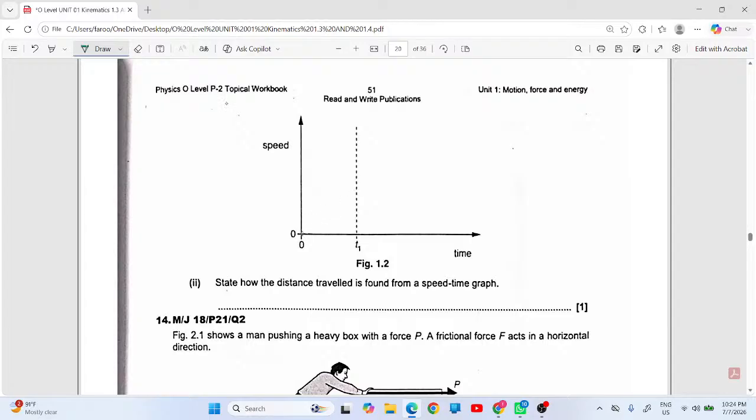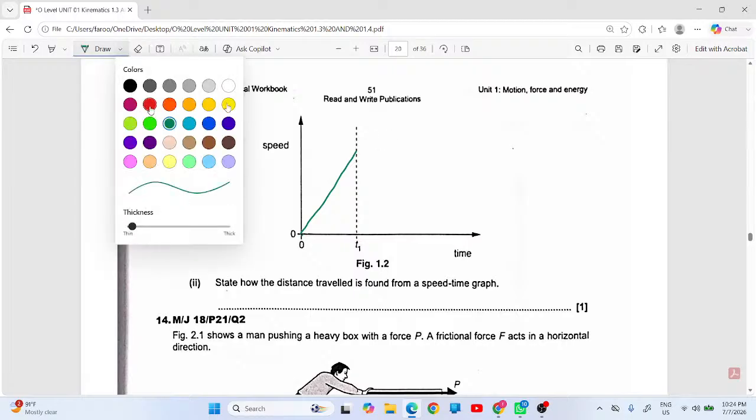Initially the acceleration is constant, so the graph must be a straight line. And then she starts to move with a constant speed. So the graph comes this way. Here the speed becomes constant.